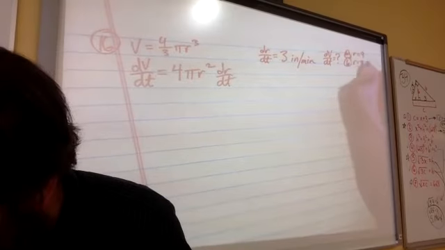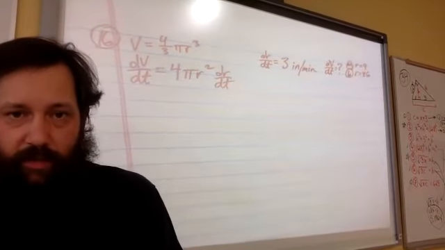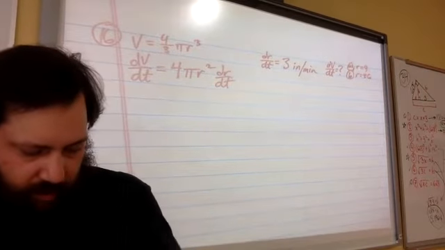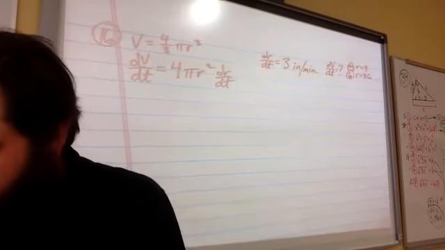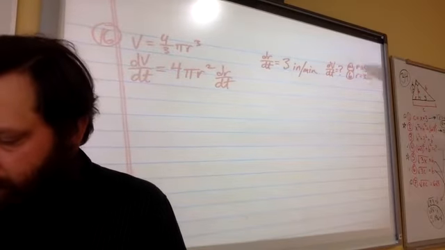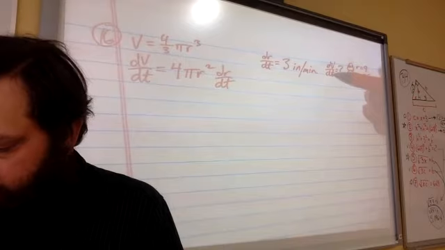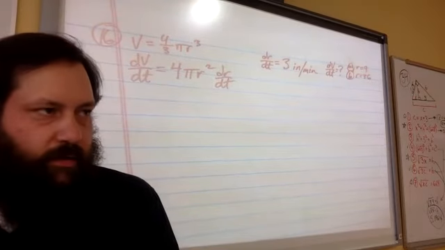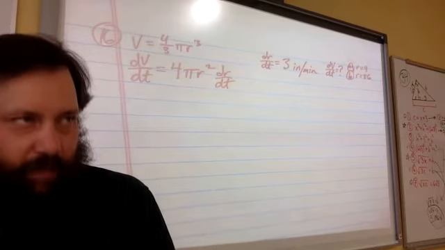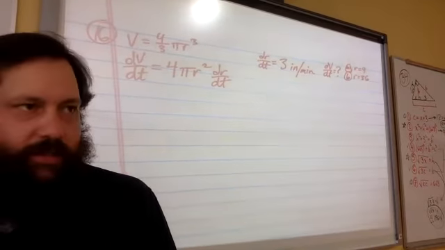Oh, this feels like the circle problem, doesn't it? And the triangle problem, number 13 that we did. So does the change in radius of the sphere affect the change in volume? You have a guess? If the radius is bigger, is the volume going to change at a different speed, even though the radius is changing at the same speed?